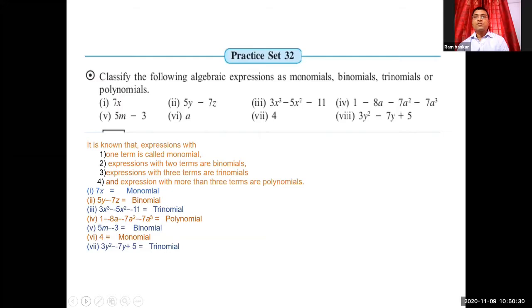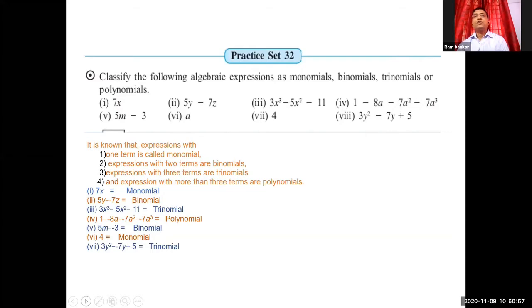Okay, in this way we can classify monomials, binomials, trinomials. Look at the seventh one also, there is only one number given. A number is also a term. So 4 is a monomial. Okay, and the last one is number 8, 3y square minus 7y plus 5.